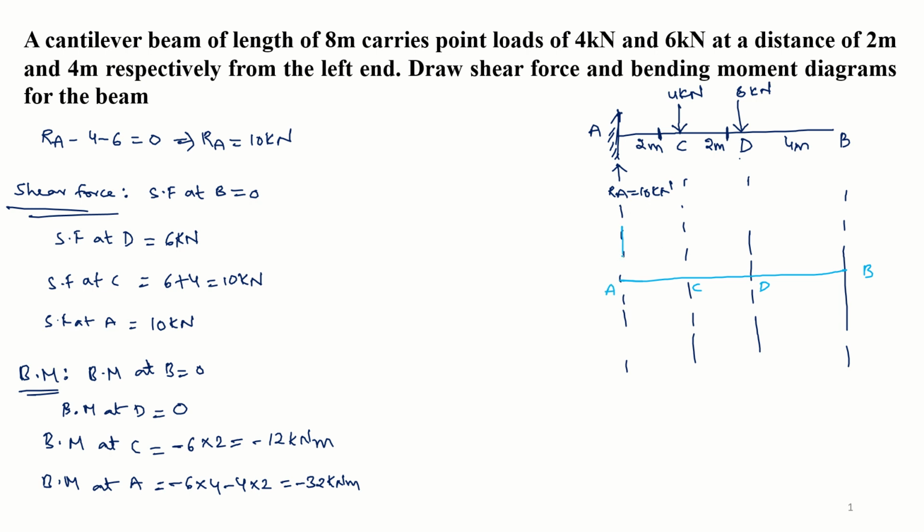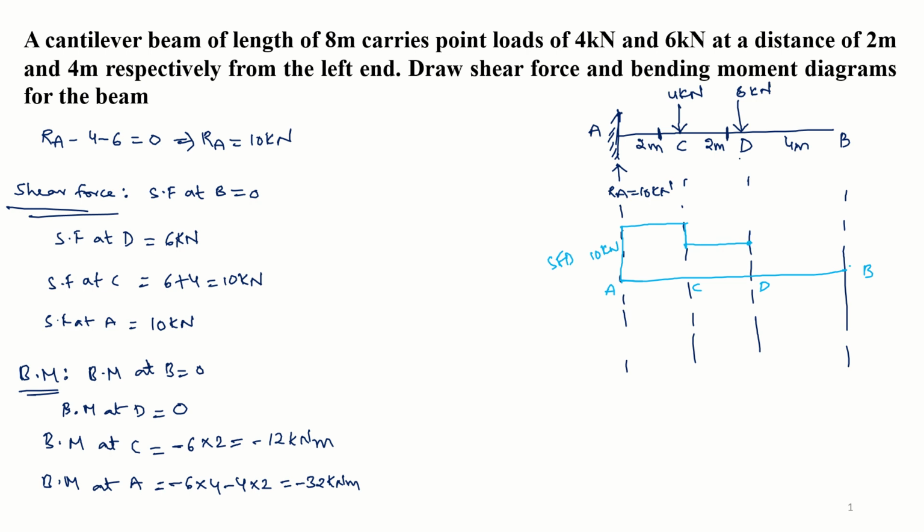It is plus 10. Correct. So this is 10 kilonewton, and I am drawing SFD, and up to point C the shear force was 10 only. Correct. Then what is at C? 4 kilonewton is there, and 4 kilonewton you drop it. So what is the shear force at D? 6. So shear force at D is 6.